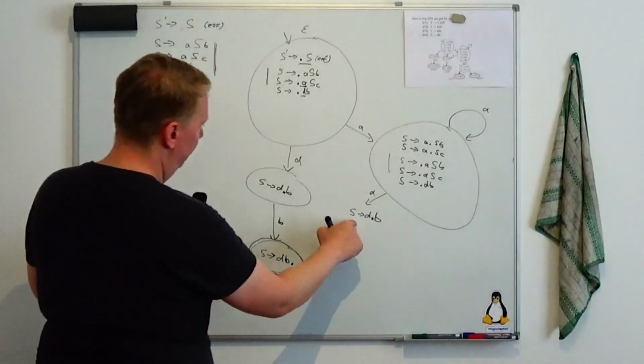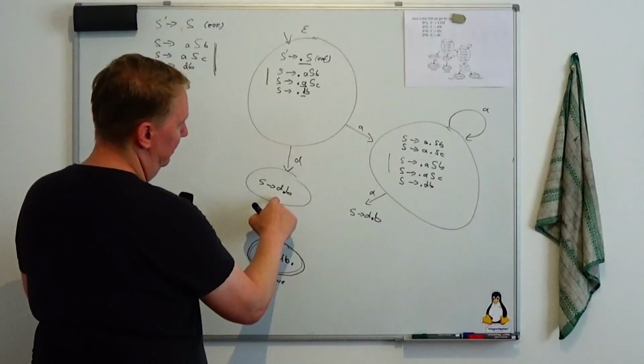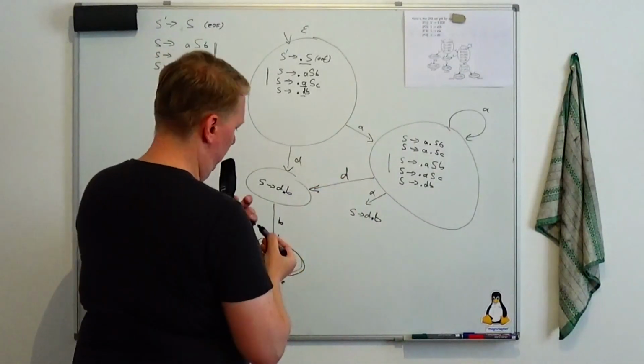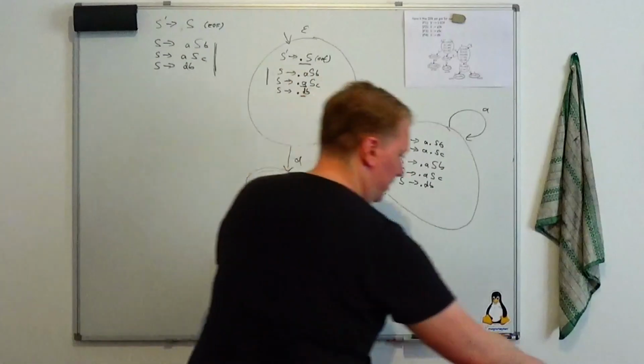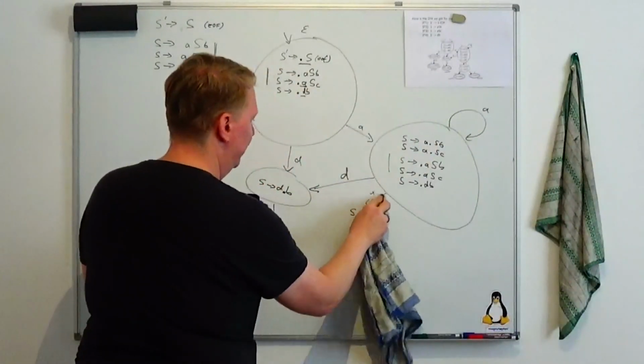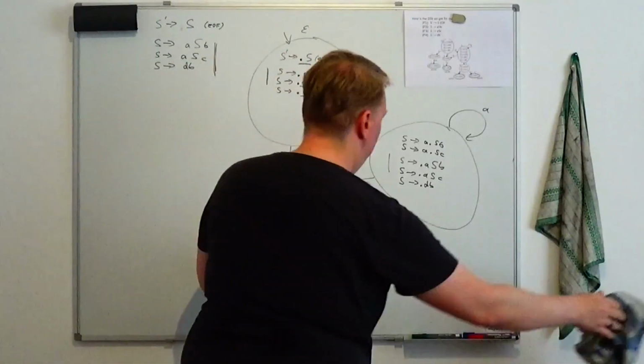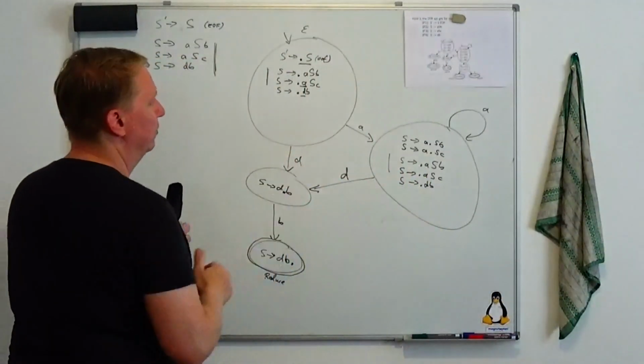And then we have the same LR information as here. So instead, we replace this with an edge or a transition from here over D to here.